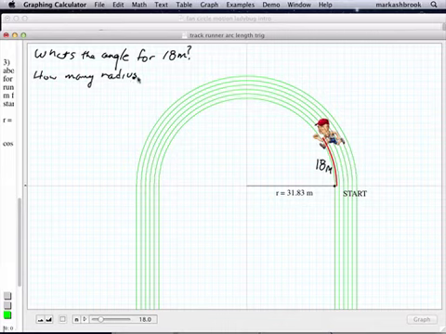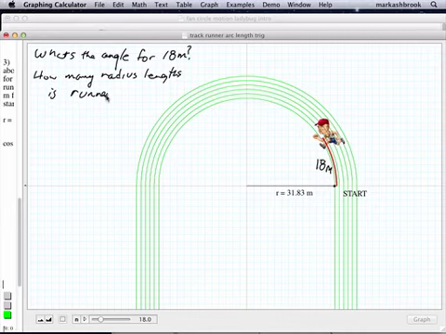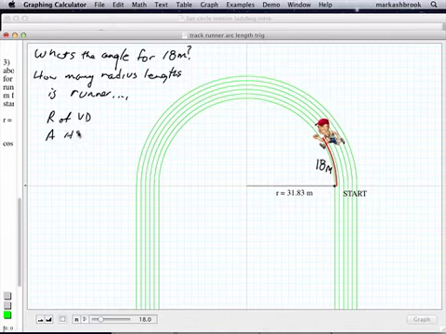How many radius lengths is the runner to the right of a vertical diameter and above a horizontal diameter, and then how many meters?